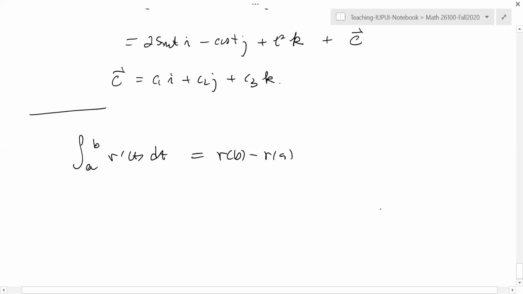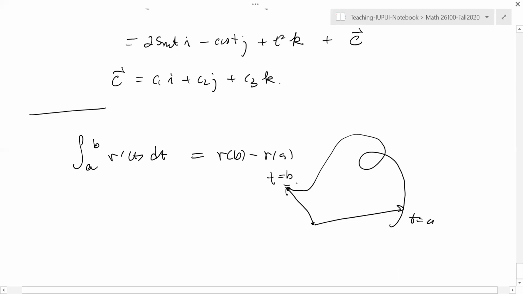The starting point is t equals A, right here. When t equals B, it is here. So this is R of A, this is R of B, and the difference is that vector.